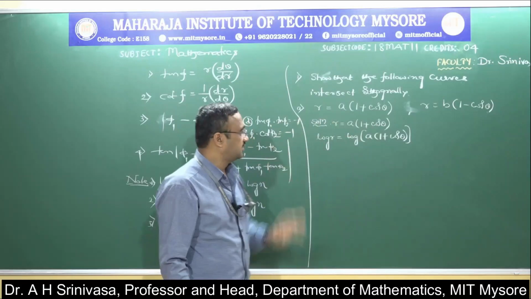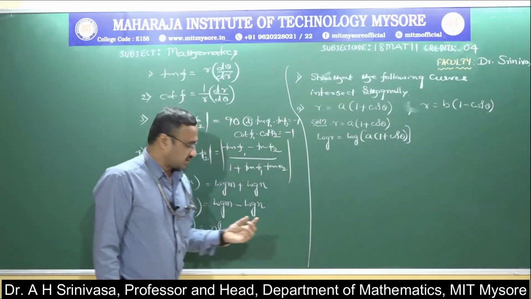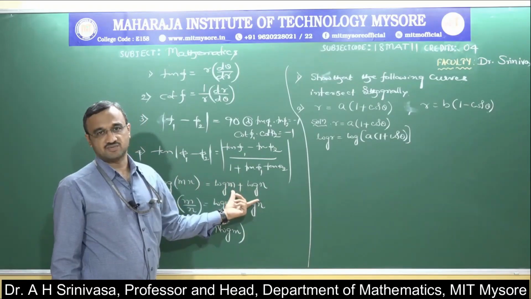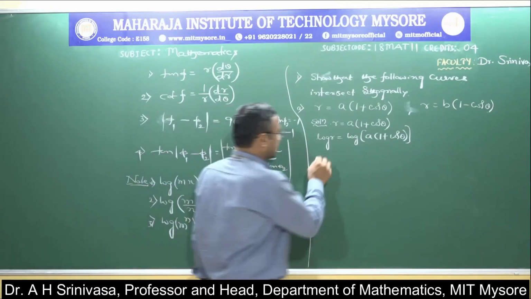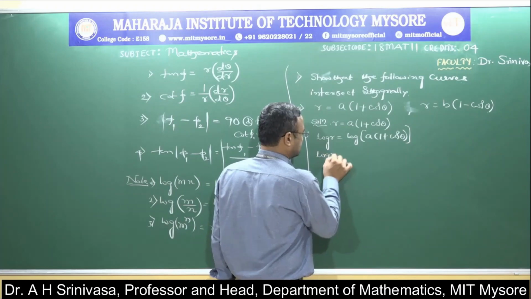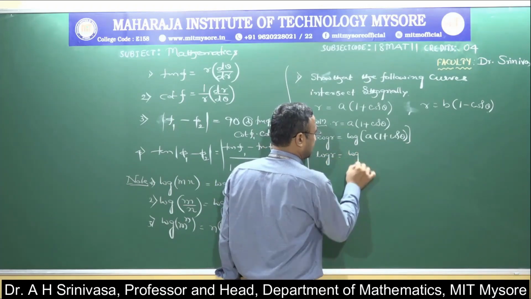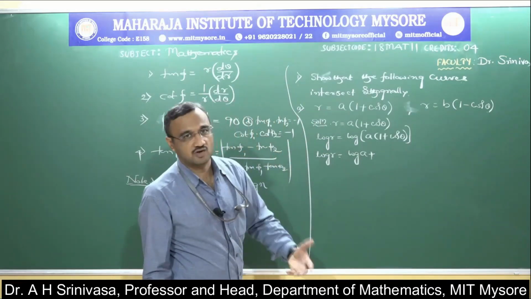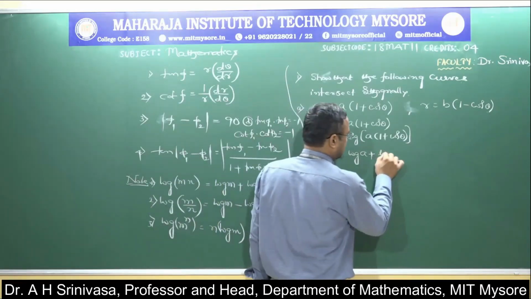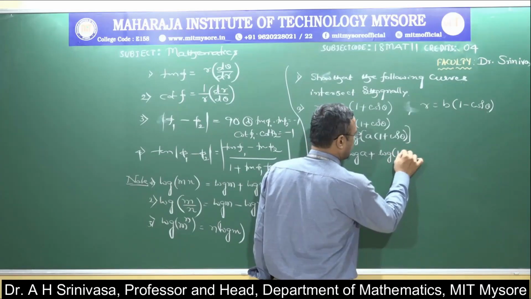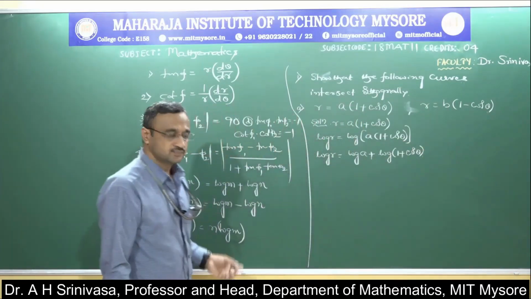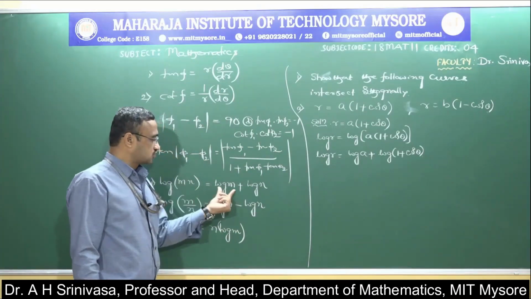Now use the properties of logarithms. If a product is there, you make it a sum of two terms. So log r is equal to log a plus log of (1 plus cos theta). Here m into n reduces to m plus n.